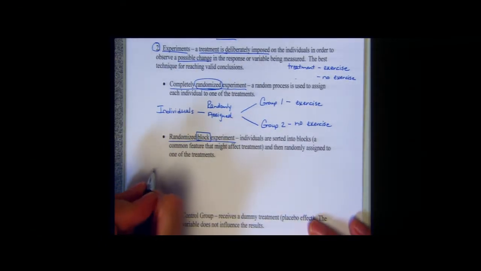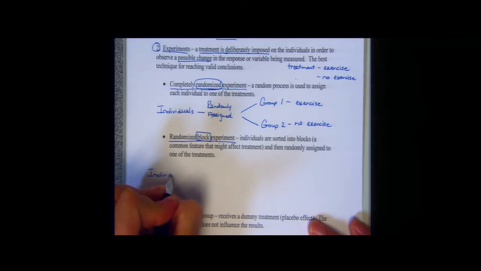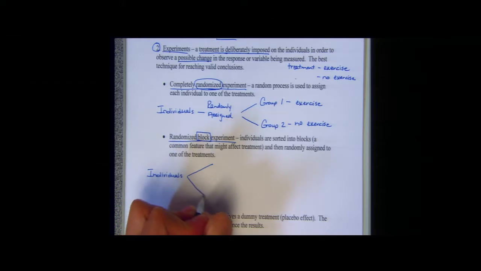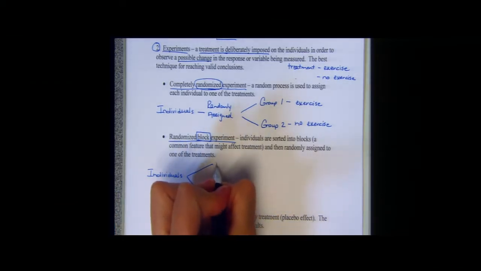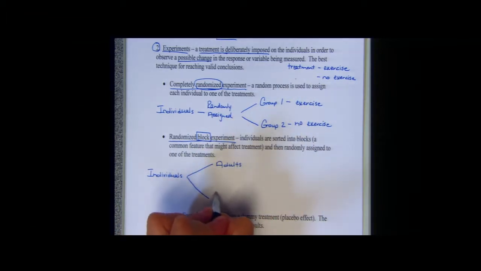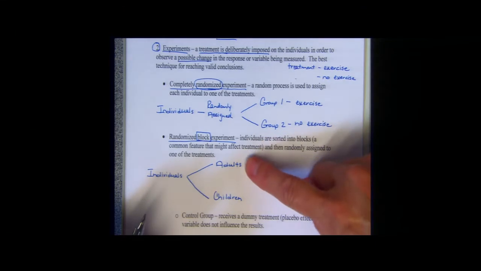So you would have your individuals still, but now what we're going to do is separate these individuals into a particular block, a common feature. You could say a block of adults and a block of children. You could do male, female. That would be another example.